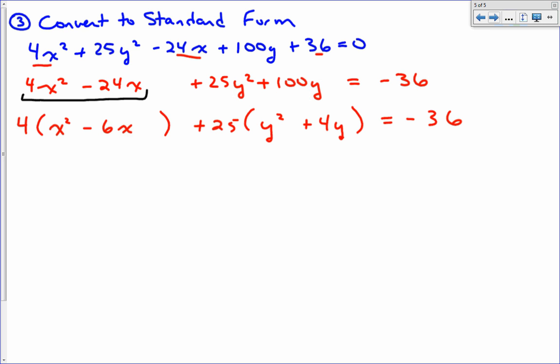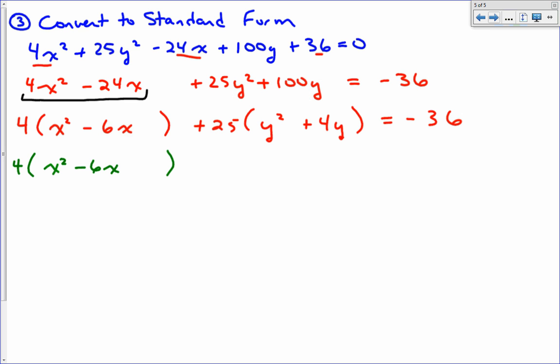Okay? Here comes the fun part. Now I'm going to complete the square on each of those pieces that's in brackets. Okay? So I've got 4 times x squared minus 6x. Think of what number do I need to add there to make that piece in brackets be a perfect square.